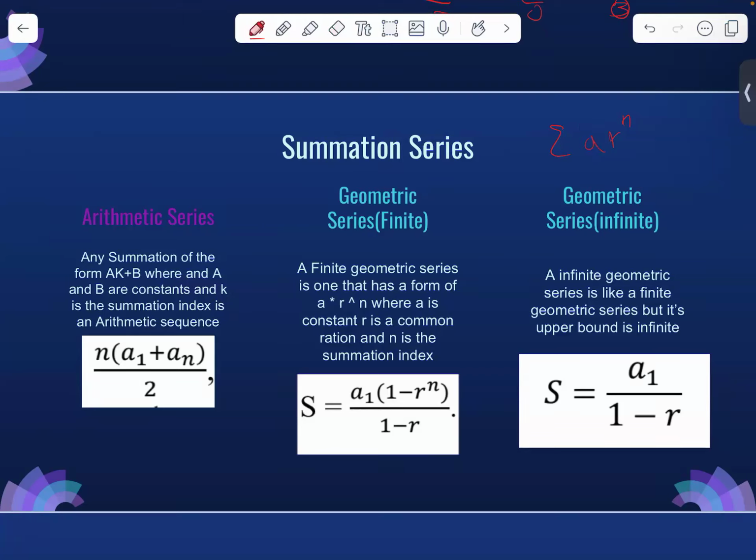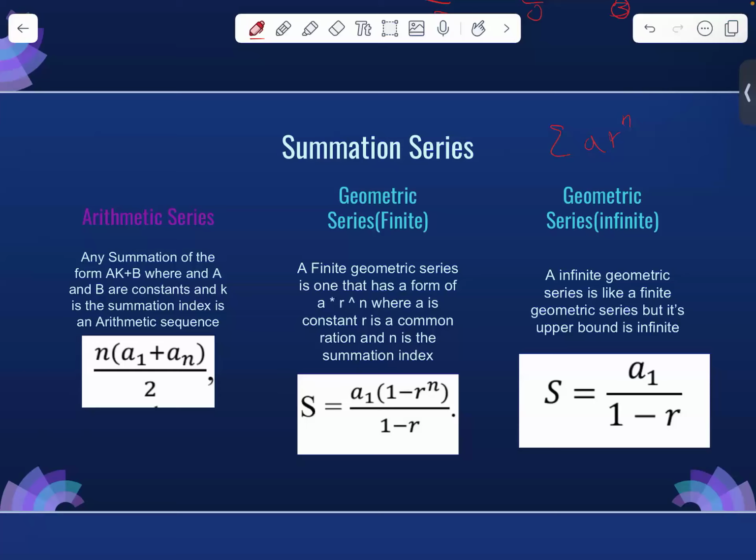So a is a constant. You could evaluate this to this formula, which I don't think is on the closed form, so I would remember this. It's a times 1 minus r to the n, over 1 minus r.